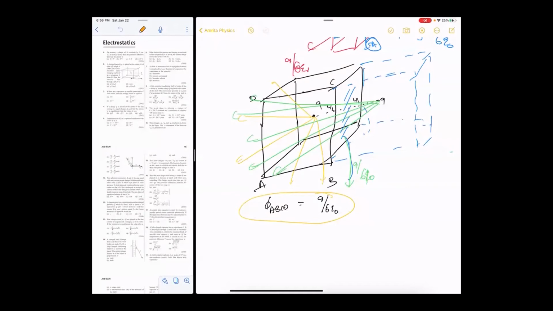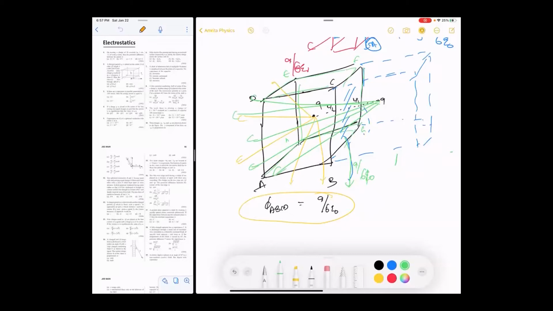These green lines are not just coming through ABCD, they're also coming out through other faces. This is a good question actually. Let the other faces be these: A, B, C, D, then the sides here, E, F, G, H, and the bottom one.